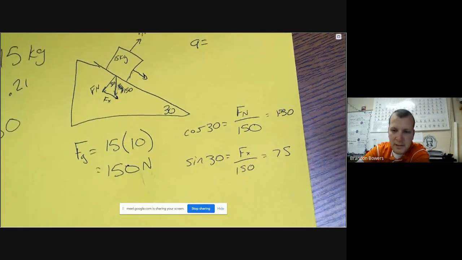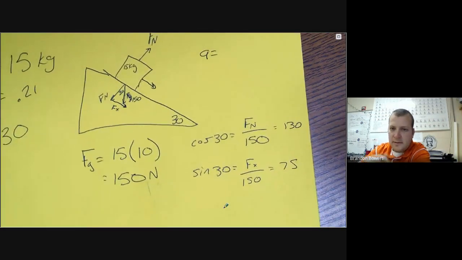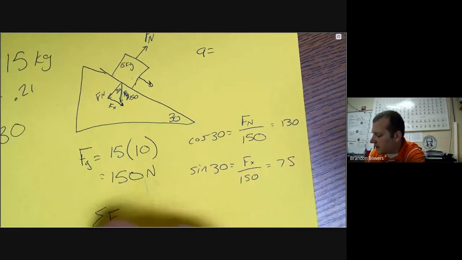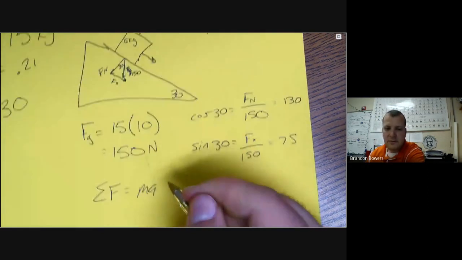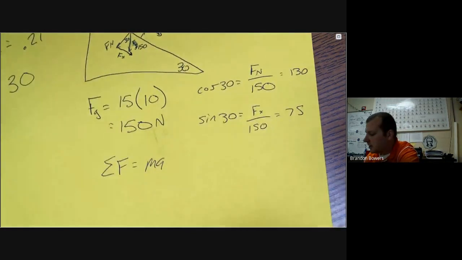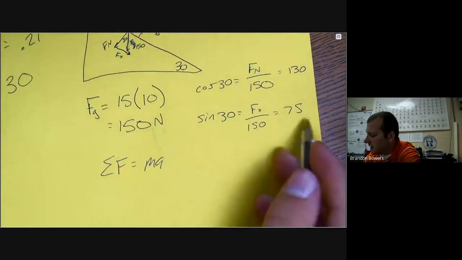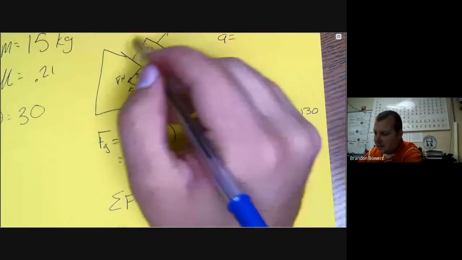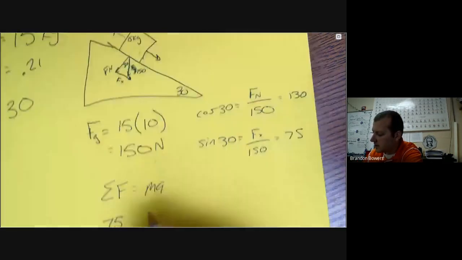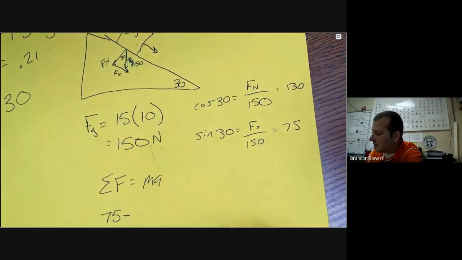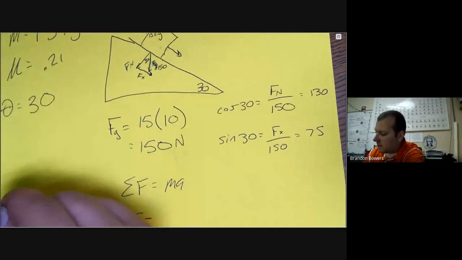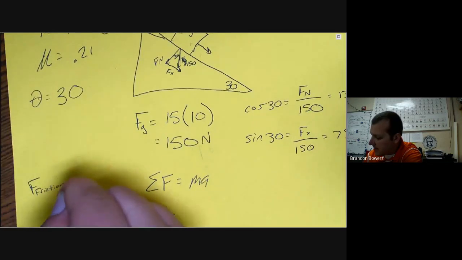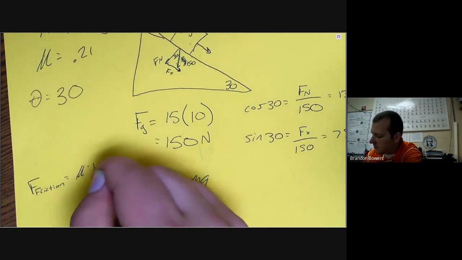Now, when looking at this, I want the force in the x direction. I know that. However, my entire equation is the sum of forces equals mass times acceleration. I know there's a force in the x direction, that is 75. However, there's also a force fighting against the box, which is the force of friction. So I have to subtract whatever the force of friction is. My force of friction equation, I'm going to write over here, is equal to mu times force normal.